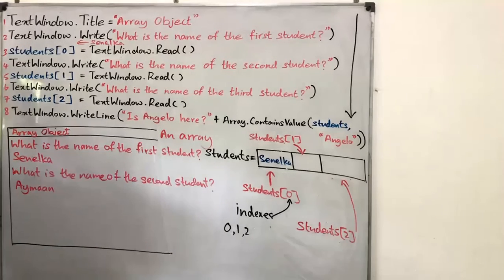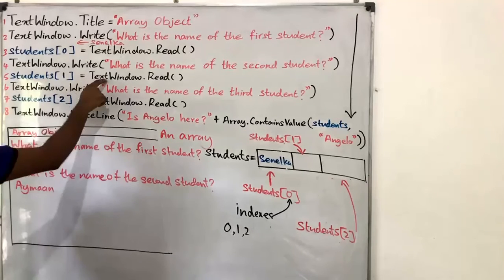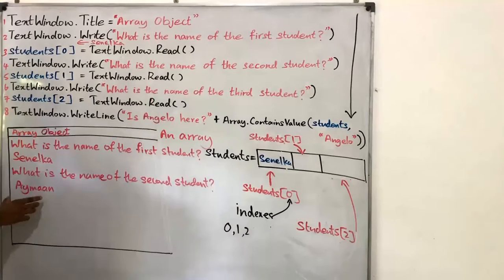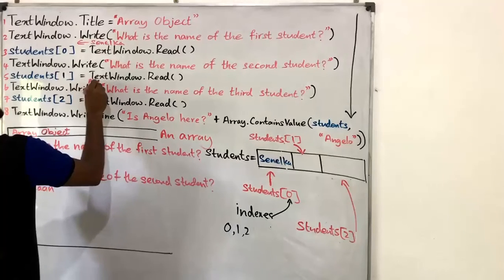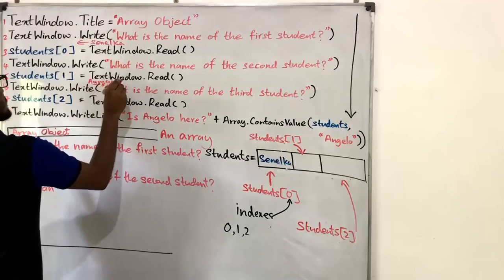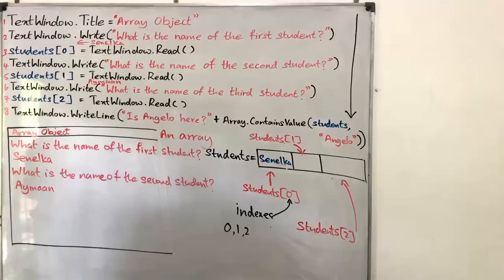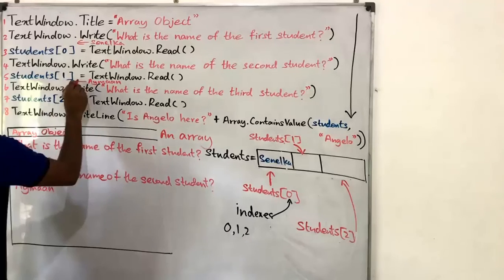Now in the next statement it tells us again text window read. Read what? The new value. What is it? Ayman. Now the text window reads that value and gives it to students 1.